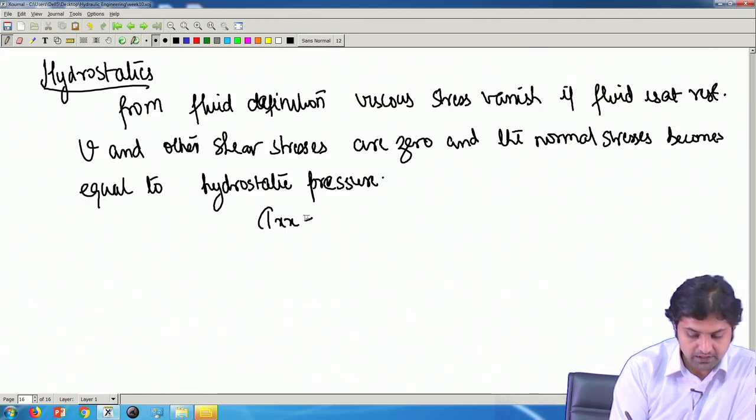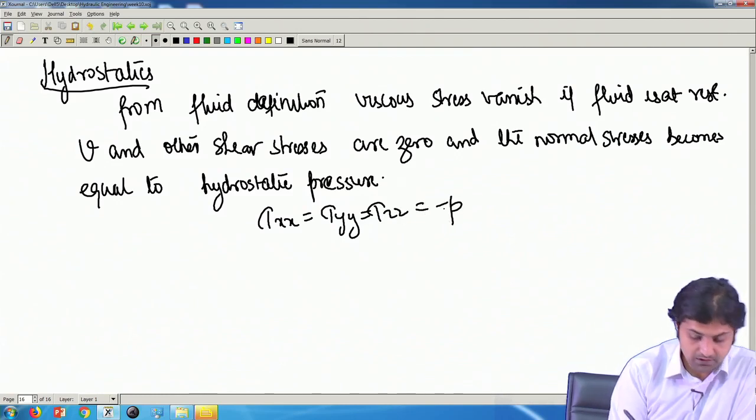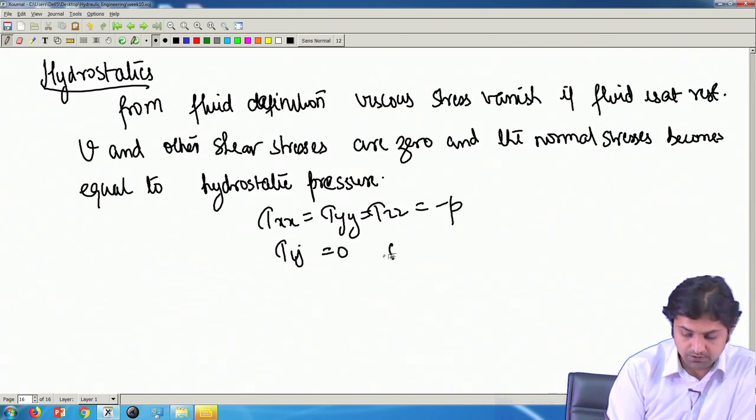So tau xx becomes equal to tau yy is equal to minus pressure. Tau ij is equal to 0 for i not equal to j.